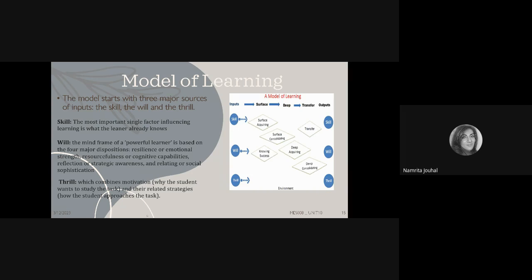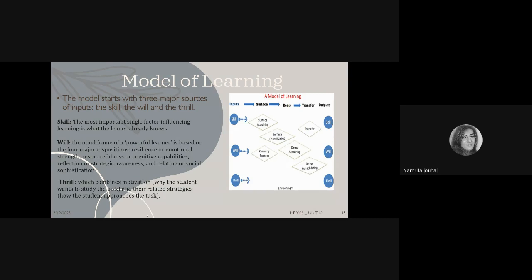He says that whenever you are teaching any content, without the skill, without the will to learn the skill, and without the thrill, meaning motivation, you cannot have deep acquiring of any skill. Knowledge success cannot happen, and deep consolidating of everything cannot happen until the child is well trained to have first the skill, then the will to do whatever they want to do.